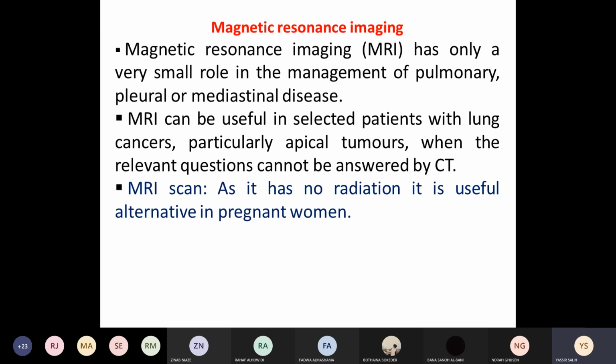But in this case, MRI may play an important role. لكن here in general, MRI is not commonly or frequently done for assessment of the lung pathology.